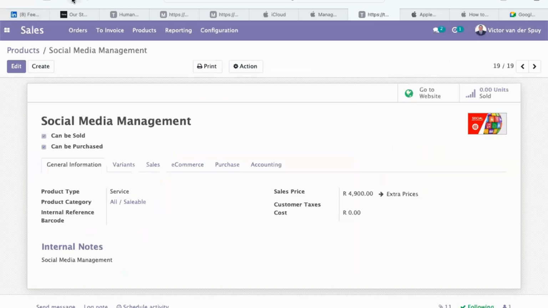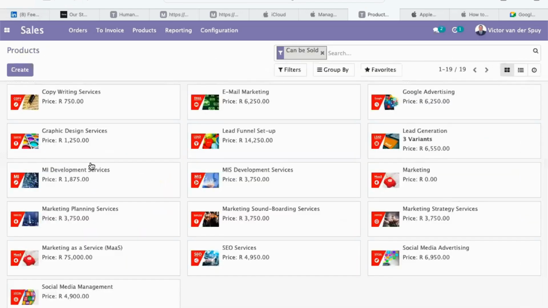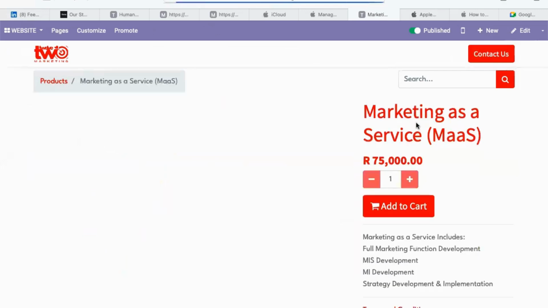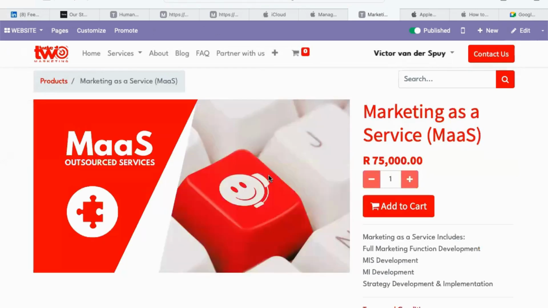Right, next one. As I said, I'm just going to be going through each of these one by one to introduce you to all of our services. And so here comes the one that you saw right at the bottom of the funnel, MaaS product, which stands for Marketing as a Service. And this really is a fully outsourced service and suits clients who are at this point looking for a solution to save costs.